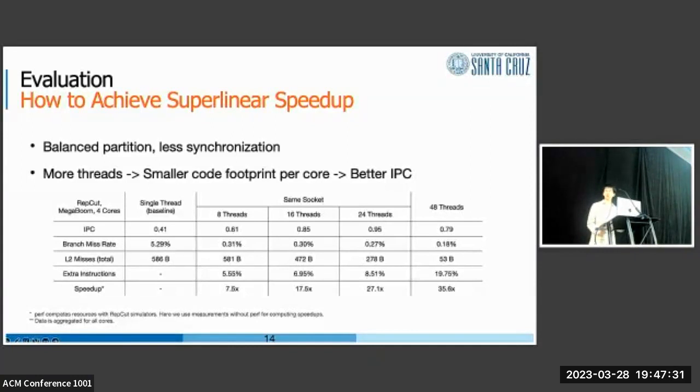The smaller code footprint reduces the pressure on processor front-end components like the branch predictor and cache, and finally leads to better IPC. So the superlinear speedup is reasonable if we consider that IPC doubles from 0.41 on a single thread to 0.95 on 24 threads. We can also observe a significant decrease in branch miss rate and cache misses.